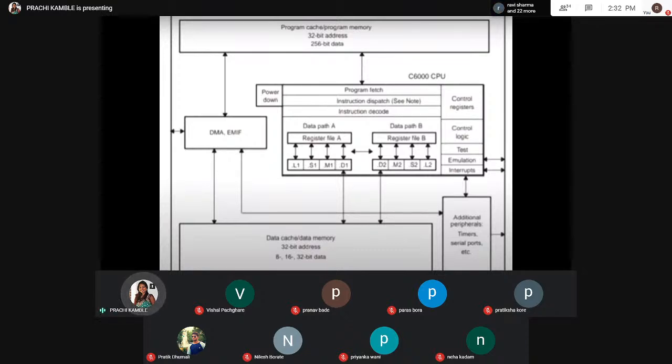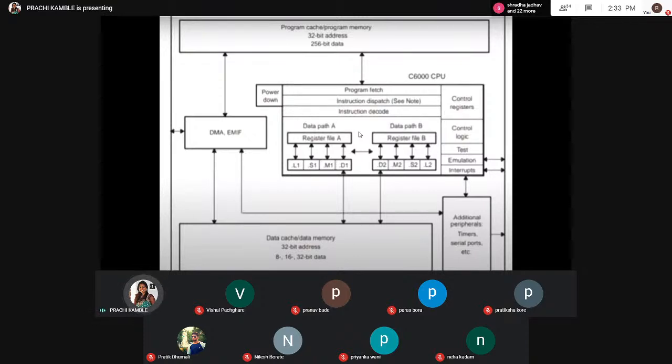The second is the HPI port. HPI stands for host port interface. It means whenever any host processor wants to access the CPU, this CPU can be accessed by any host processor other than the main one.